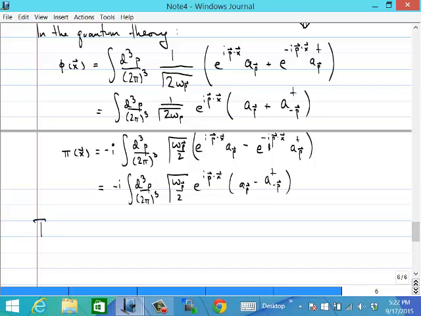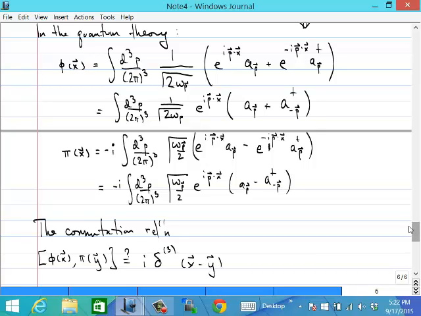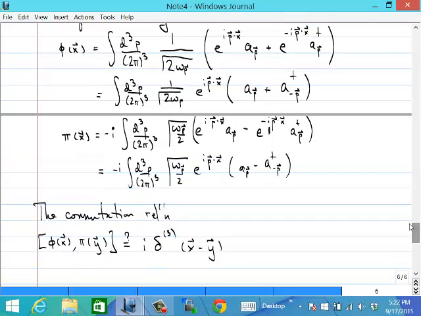So in particular, what we want to do is study the commutation relation which says that the commutator of phi of x with pi of y should be equal to i times the delta function that sets x equal to y. So let's just go ahead and plug in our expressions here and see what we get. I'm going to use these forms of the expression down here at the bottom because they'll make life a little simpler.